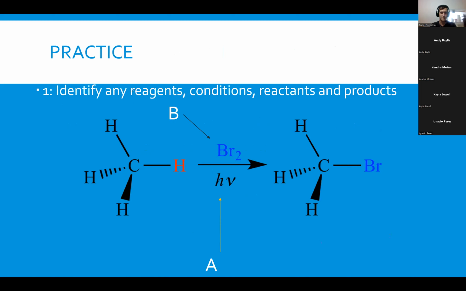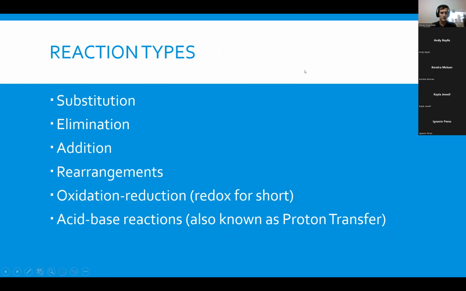Again, this is just practice on what we just did. So over here on this side, that's our reactant, that's our substrate. This is our reagent. Light is a condition. And then over here are our products. Okay. At least the first 3 are seemingly not important.